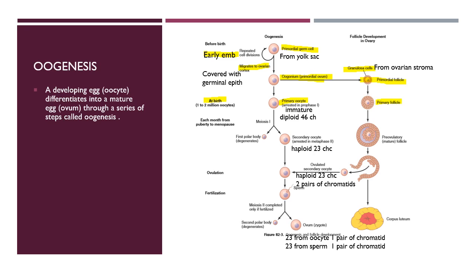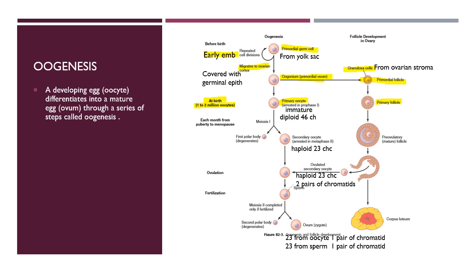That takes place by the 5th month of gestation, so that at birth the baby will have about 1 to 2 million oocytes, a fixed number. It is not going to increase or proliferate.